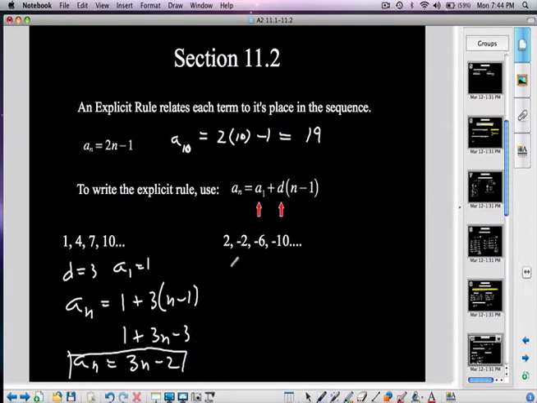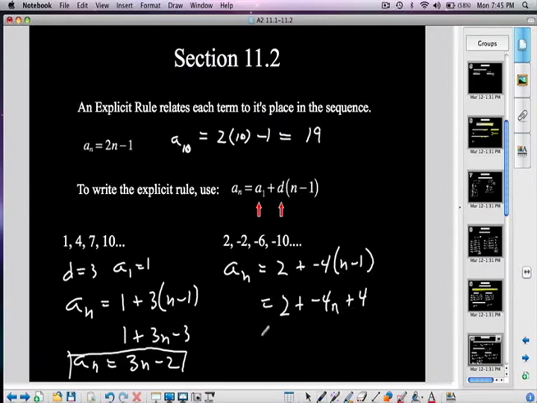In this particular case, a sub n will be equal to my first term, 2, plus my common difference, which is negative 4, times n minus 1. So this will be 2 plus negative 4n plus 4. Excuse me, I wrote x, but I meant n.